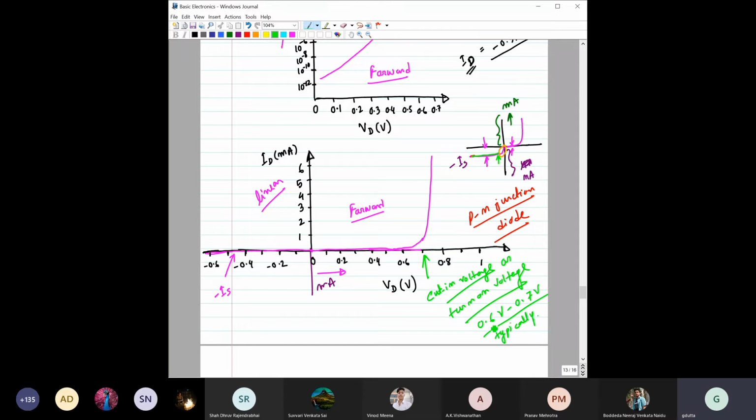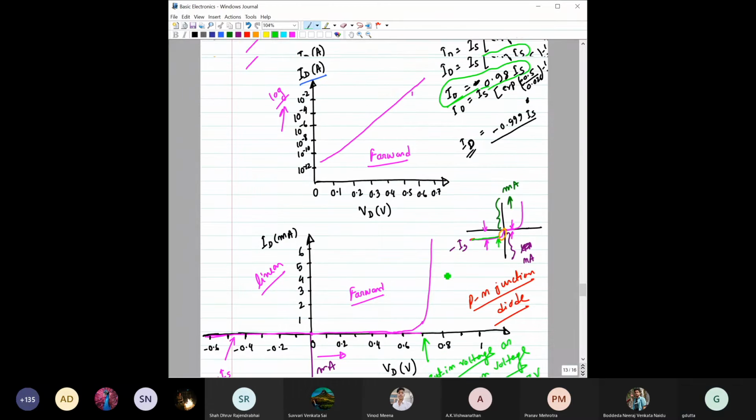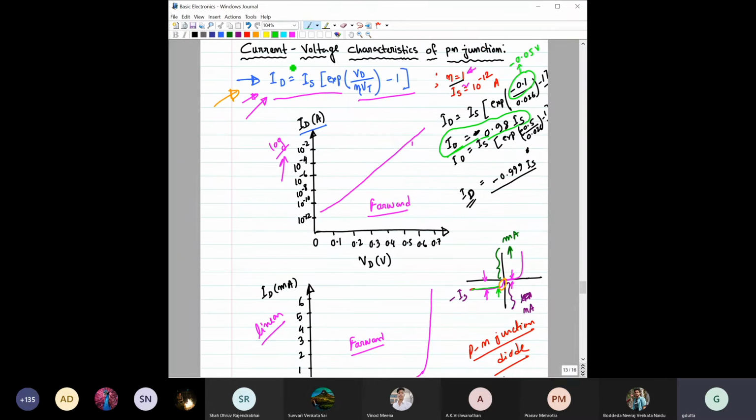Before we end this part, we have also talked about this eta, the ideality factor, right? Now, how does this ideality factor play a role? See here, this ideality factor we have considered as 1, right?